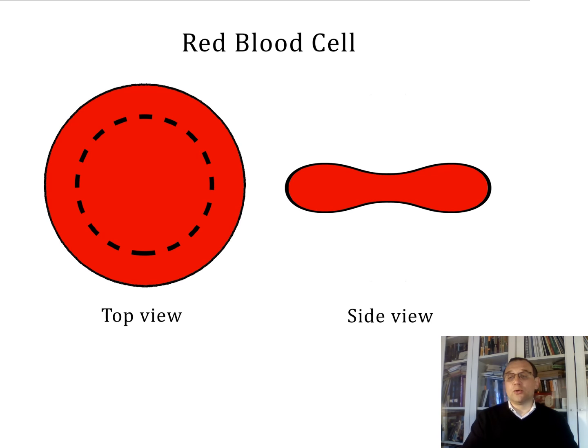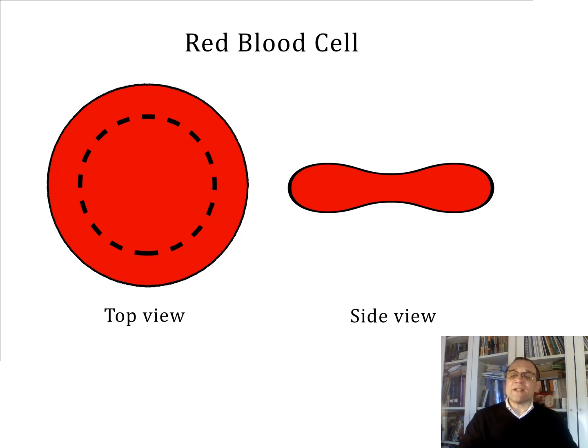And of course, we want to make them red because red blood cells contain hemoglobin molecules, and a hemoglobin molecule right in the middle has an atom of iron bound to other parts of the molecule. There is one very interesting thing about red blood cells.